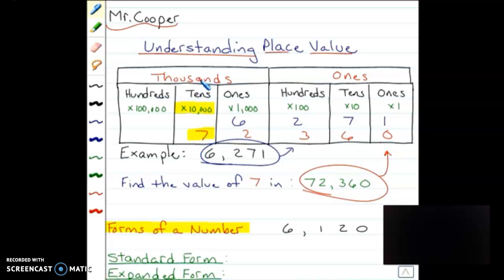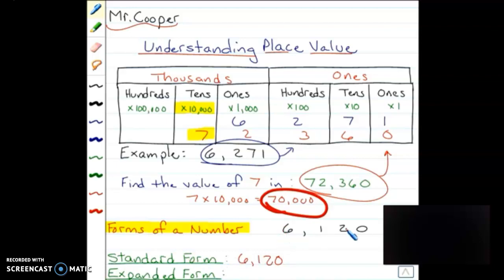Since the 7 is in the 10,000s, you take the number 7 and you multiply it by 10,000. Gives us the answer of 70,000. 70,000 is the value of the 7. Now let's look at the different forms of a number. We had the number 6,120. In standard form, it's simply the number that we already have, 6,120.